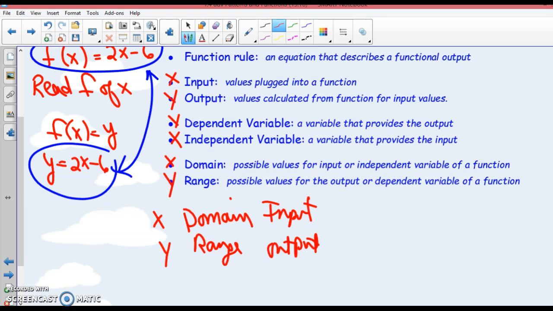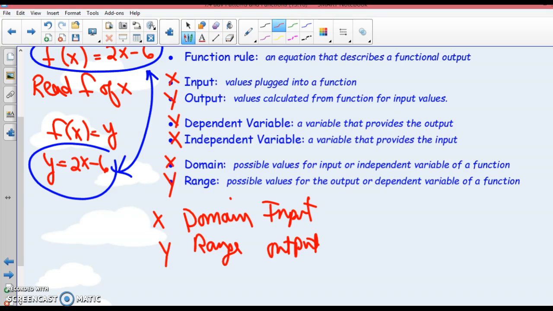Now, this is the only one that's backwards. Independent doesn't come before dependent. But if you think about input, that's the one that you are putting in. The Y value is dependent on what you put in. The Y, the output is dependent on what you put in.